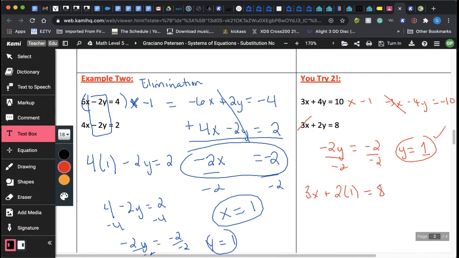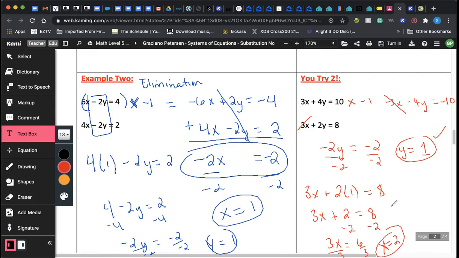You're not done till you have both variables. I think x equals 2, I think. Yep. Good.